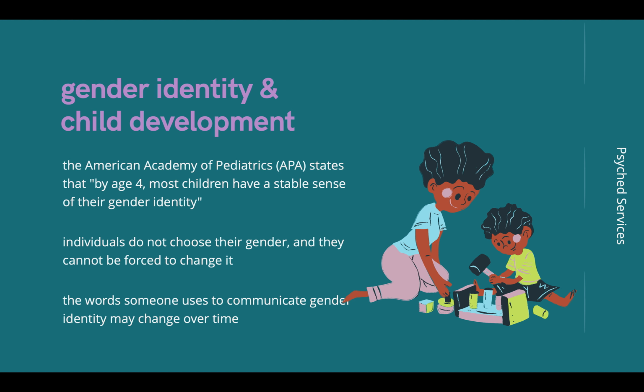And so the final thing, and this is the thing that can be really difficult for educators sometimes, is that the words that humans use to communicate their gender identity change over time. They may not. Some people will use the same terms to communicate their gender identity throughout their lifetime. We know, though, that many people, especially gender nonconforming individuals, at young ages, may not have the vocabulary to communicate it because they just haven't been exposed to it yet.